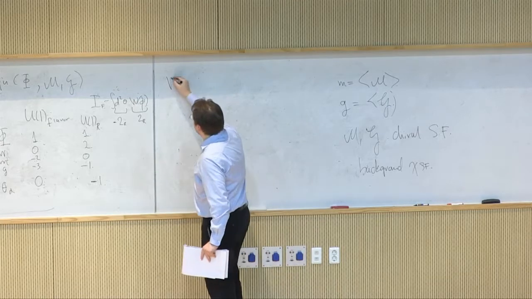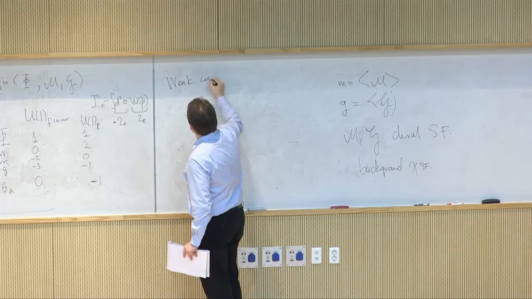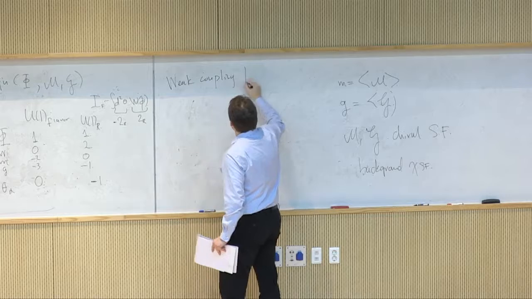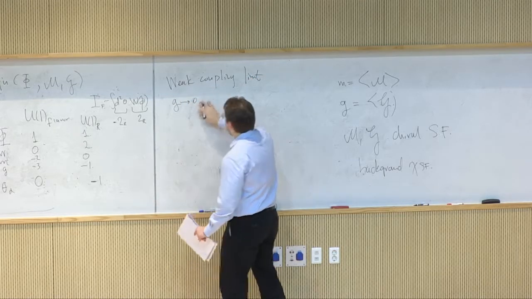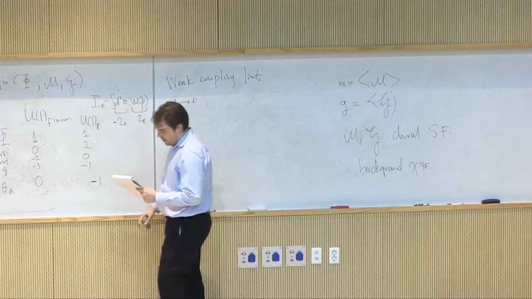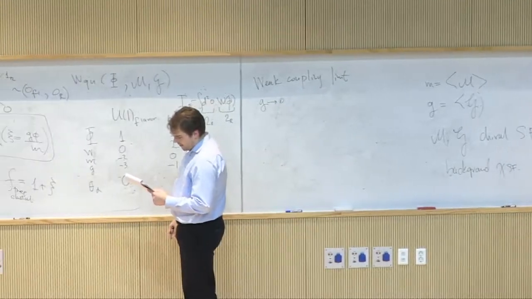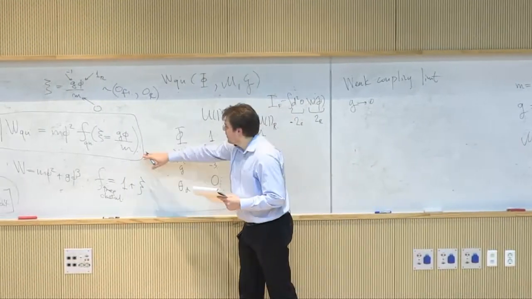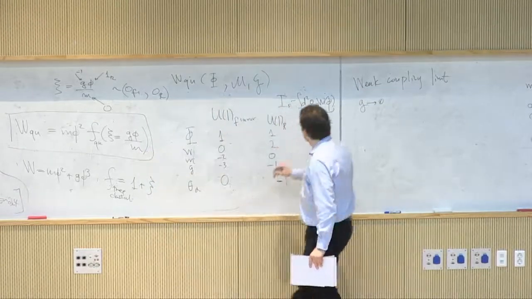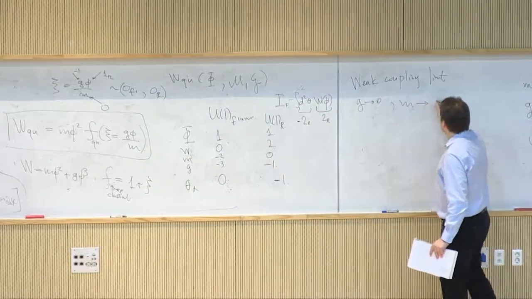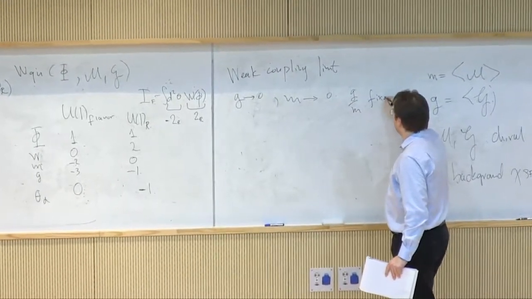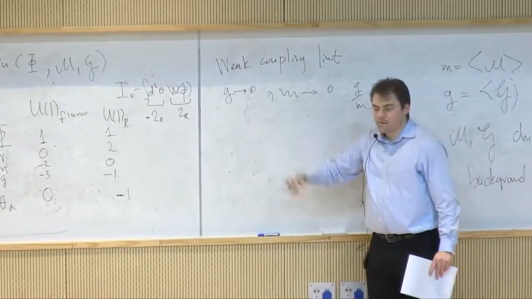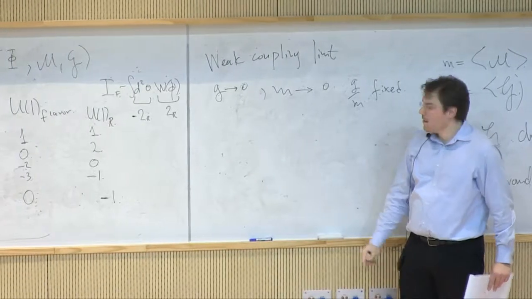So we're going to take a weak coupling limit, G going to 0, and we would like to take this limit in such a way that psi stays fixed. So that means we're also going to take m to 0, and we're going to take the ratio G over m to be fixed, and phi doesn't do anything, just comes along for the ride.